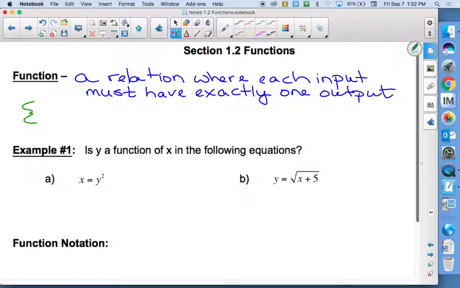And I'm going to give you two sets of points here just to refresh what a function is. So if I had a set of points, okay, so there's one.